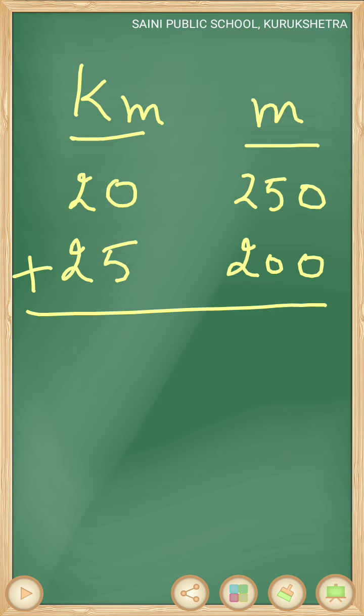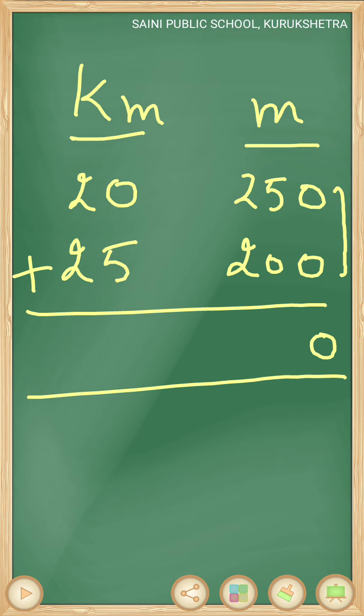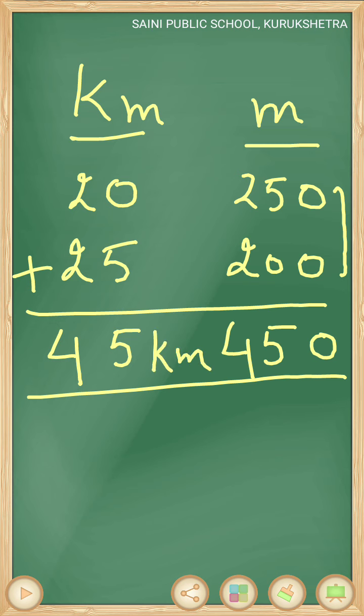You already learned how to add these two numbers. Start from the right side. 0 plus 0 is 0, 5 plus 0 is 5, 2 plus 2 is 4. So 4 5 4 5 0. Now we will write their units.